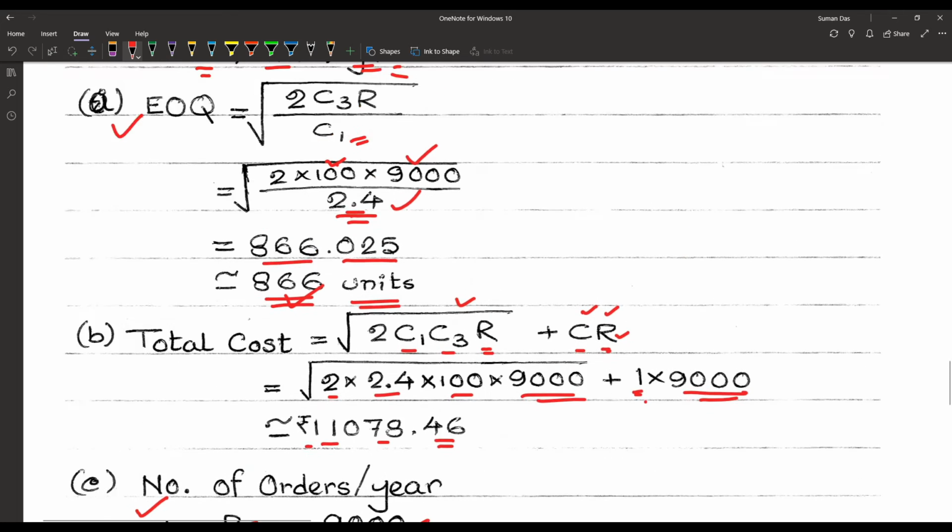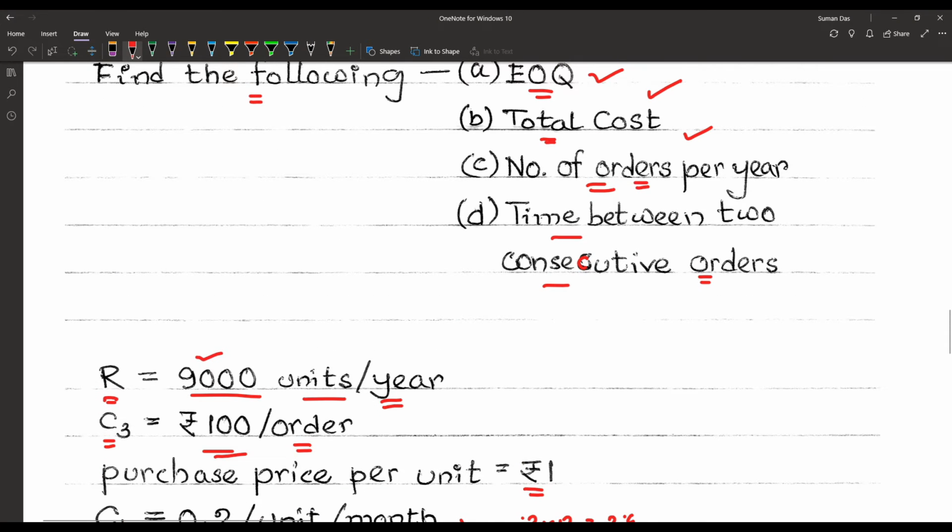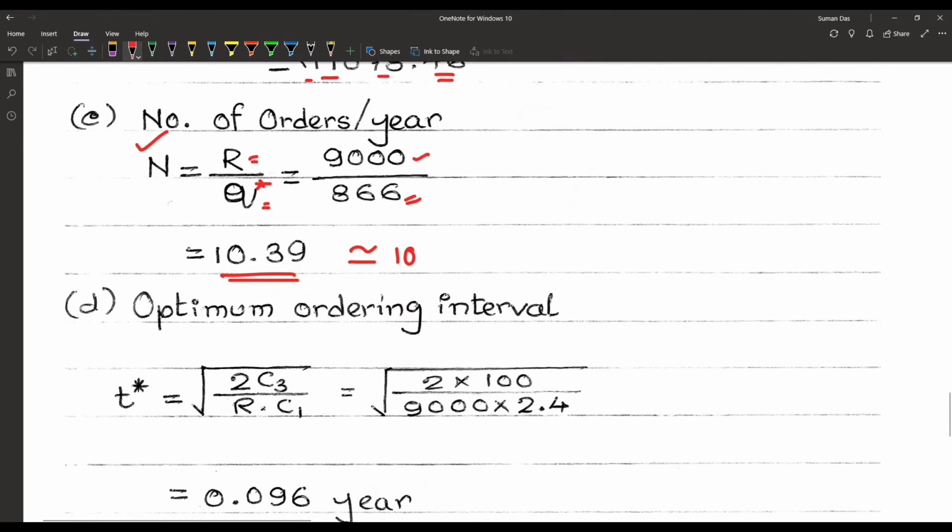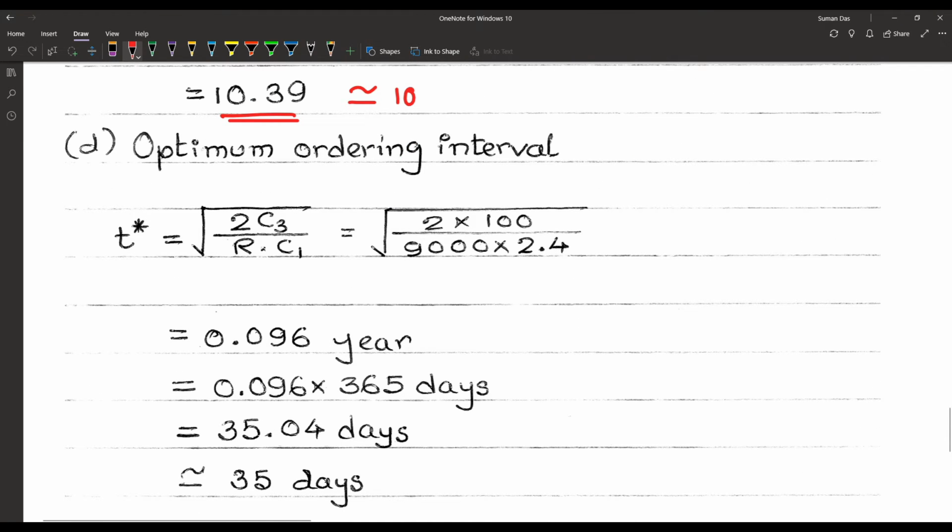And the fourth question: what is the time between two consecutive orders? We have to find the optimum ordering interval, T star. T star is equal to square root of 2 C3 upon R C1, that is square root of 2 into 100 upon 9000 into 2.4, which is equal to 0.096 year.